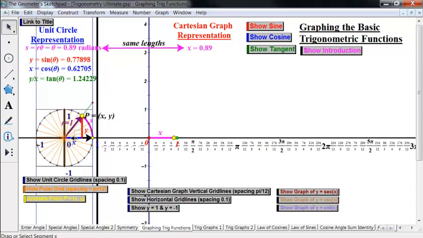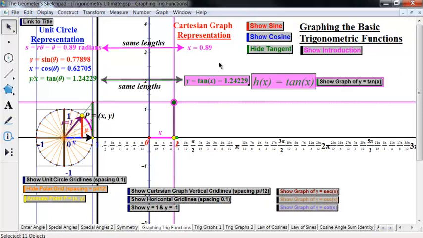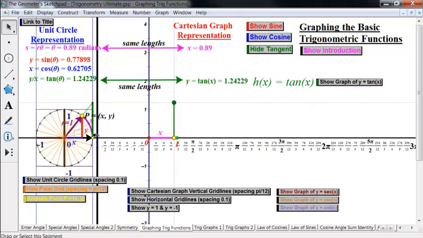So this green length is the opposite, and the adjacent is this length right here, which is just 1, right? Because this is a unit circle. So green length over 1 is the tangent of that angle, so the green length is the tangent.